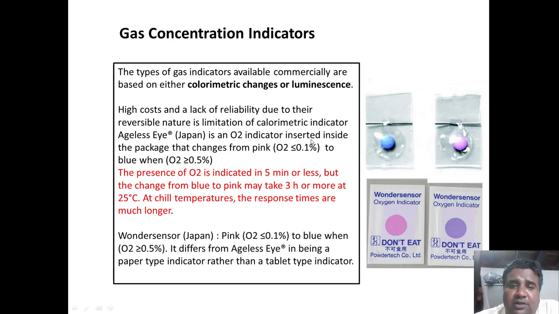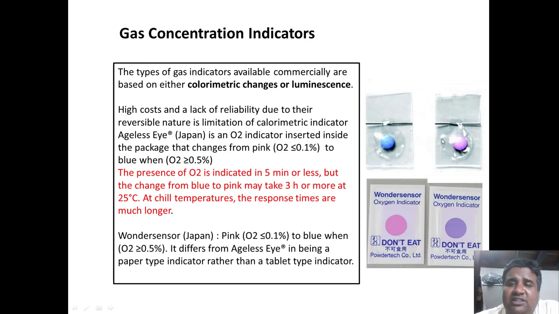So it has been observed that if oxygen increases from 0.1% to 0.5%, it can be indicated in 5 minutes. Meaning, if we do another kind of physicochemical examination, it will take only 5 minutes to say that the oxygen concentration has increased.